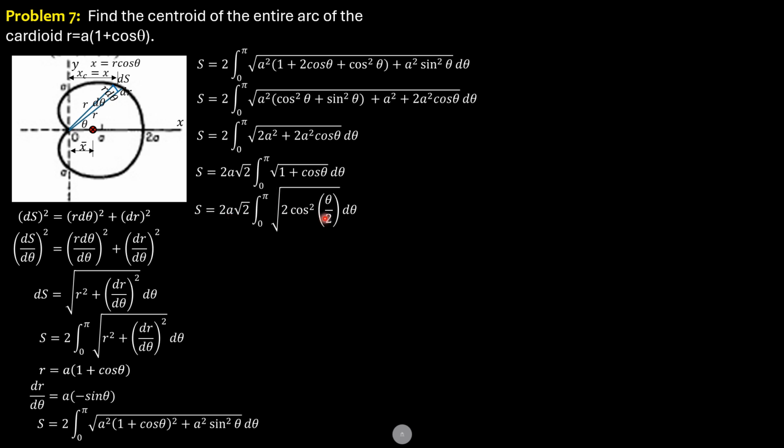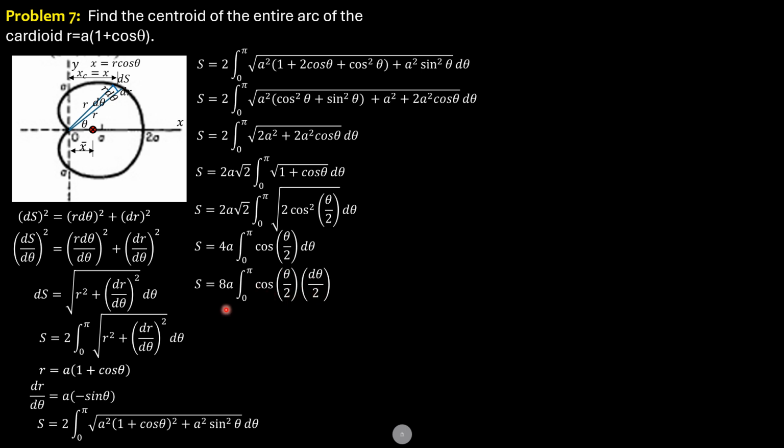And what is left here is cosine theta over 2 d theta, which can be evaluated if we make this 8 times 2, because the differential of theta over 2 is d theta over 2. So that would be 8a integral 0 to pi of cosine theta over 2 times d theta over 2. So this is in the form integral of cosine u du, and the integral of cosine u du is sine u.